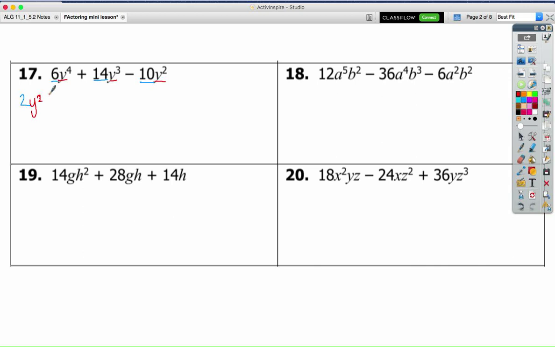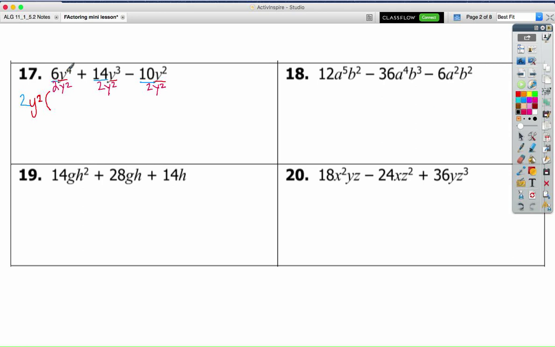So that's the GCF, 2y squared. In parentheses, we're going to write what would be left when we factor that out. To find out what's left, you can divide each term by the GCF. So we're going to divide each of these by 2y squared, and then we'll find out what should be left.